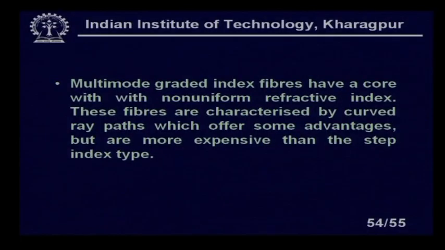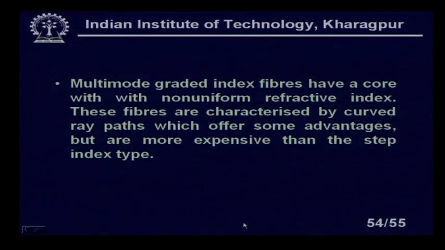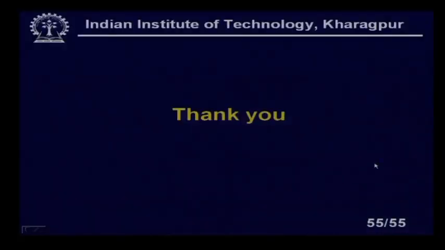Whereas in the case of graded index fiber, the core itself is made of a material where the index changes slowly, so that the light can go in a curved path. So, multimode graded index fibers have a core with non-uniform refractive index. These fibers are characterized by curved ray paths, which offer some advantages, but are more expensive than the step index type.